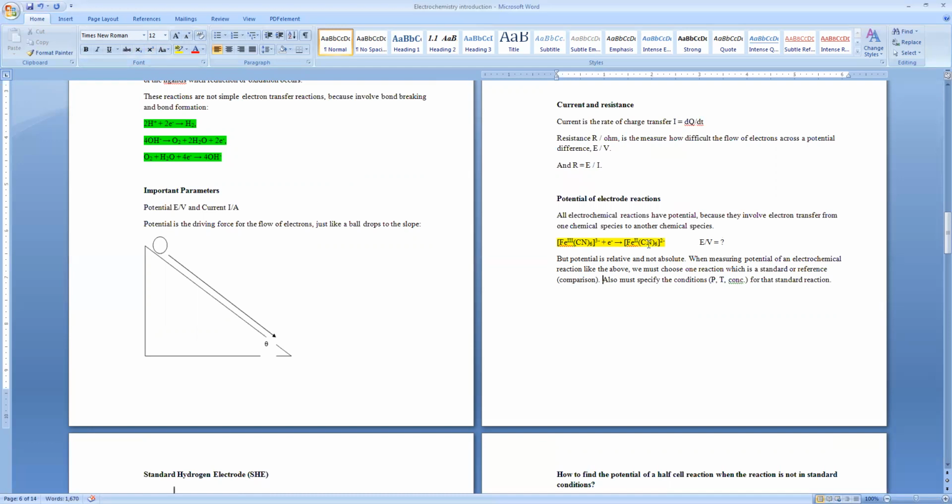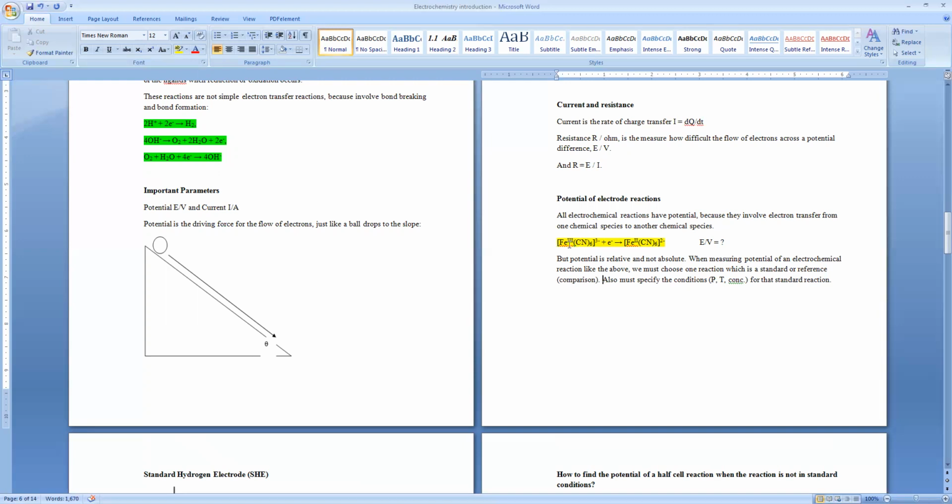But again, we have seen potential measurement is not absolute. It is relative. We can measure the potential of the reaction, but the potential measurement is not absolute. It is relative.